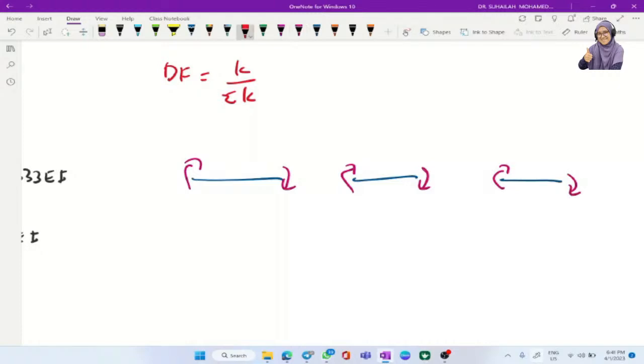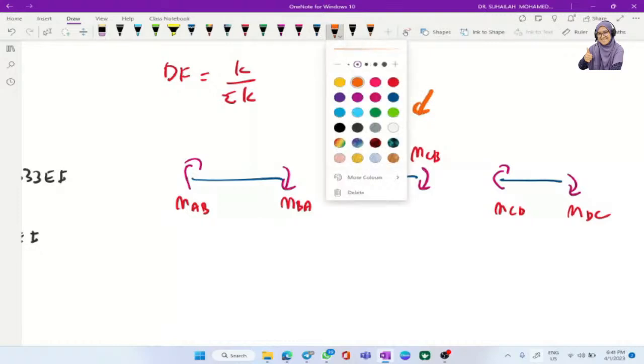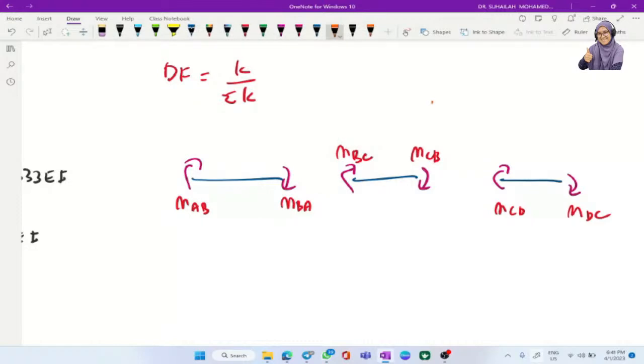So these are MAB, MBA, MBC, MCB, MCD, and MDC, six member end moments.